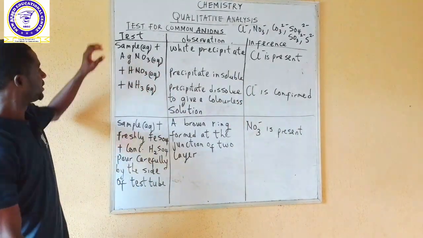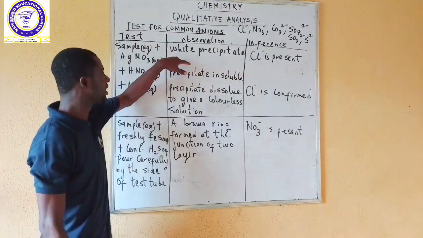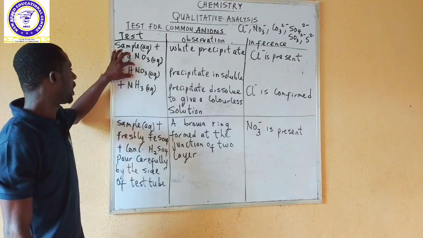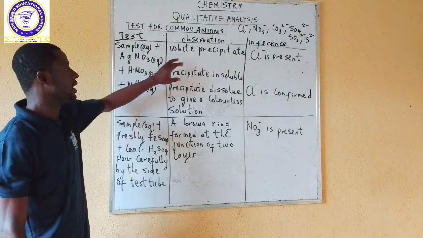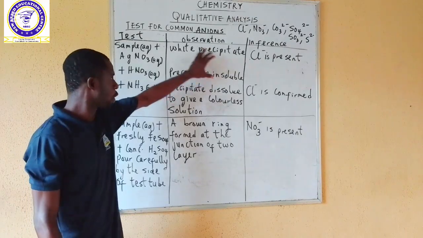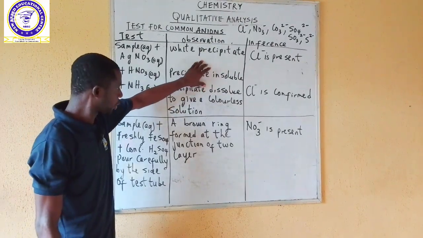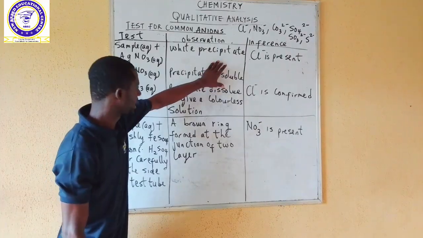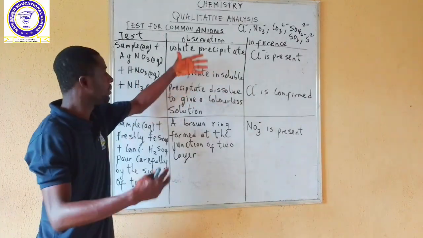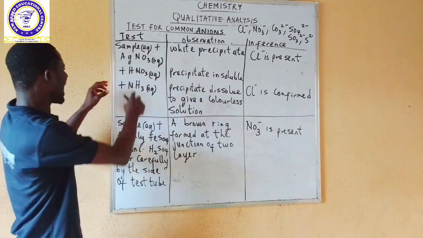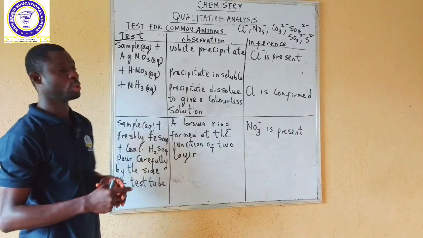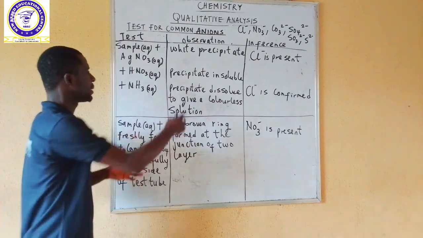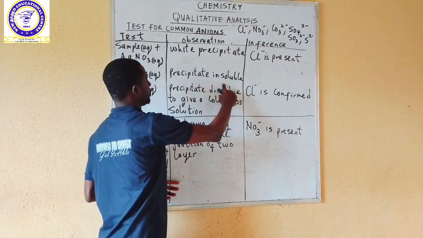The peculiar color for chloride ion is white precipitate. When you add nitric acid to it, it will still remain insoluble. Your white precipitate is still the same color, precipitate insoluble. But when you add ammonia solution to your test sample, the precipitate will now dissolve to give a colorless solution.